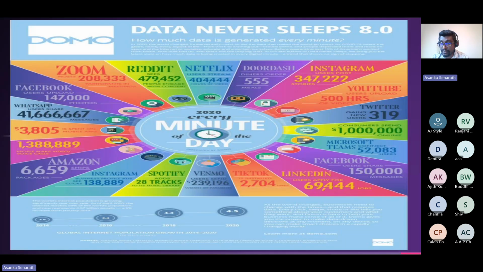That's just Facebook. When you come to other tools, how many tools are there in the world? We have Netflix, we have YouTube, we have this Teams that we are just discussing right now. We have TikTok, Venmo, Instagram, Amazon. How many things are happening in the world in a minute? This is just the surface internet.